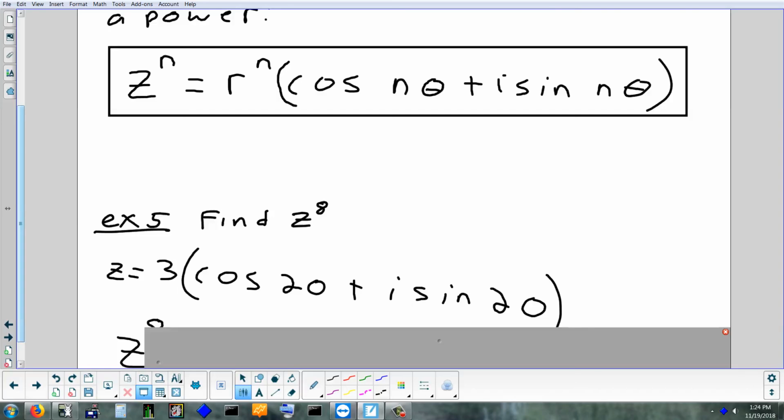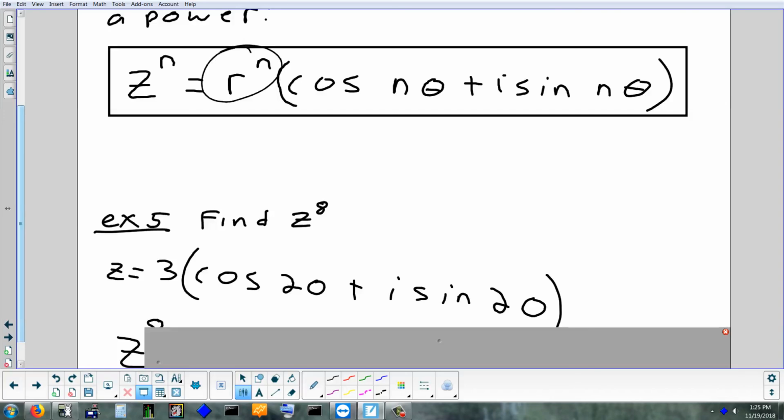Multiply or add? No, we're not going to multiply or add. What is it in the formula? Right, you're going to do the powers. You're going to raise it to a power.